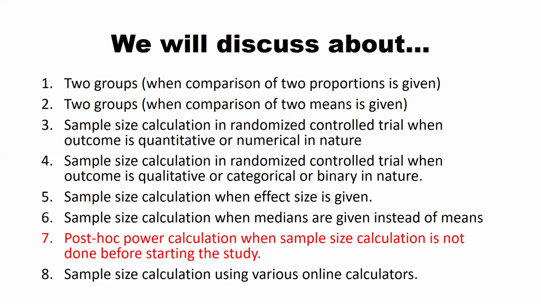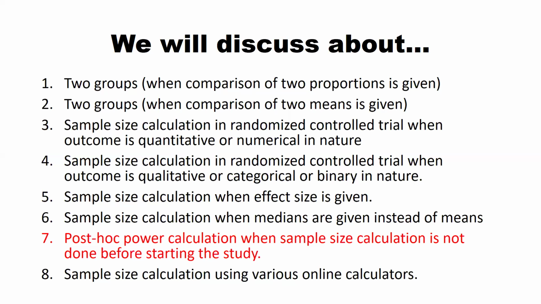Then two groups when comparison of two means is given. There are two groups: group A, group B, group 1, group 2, case and control, experiment and control. We are comparing two means, a quantitative type of outcome variable.